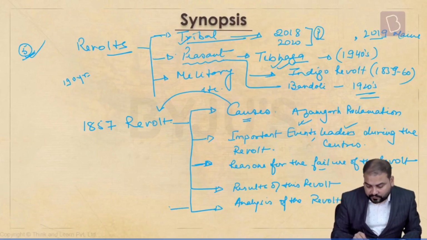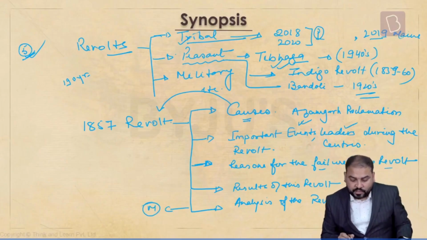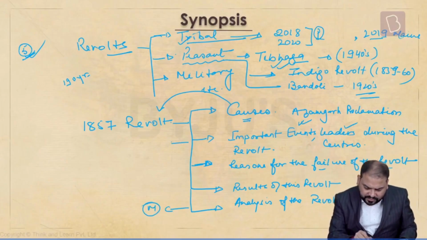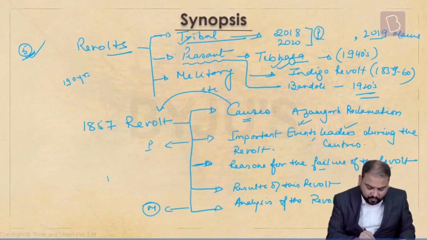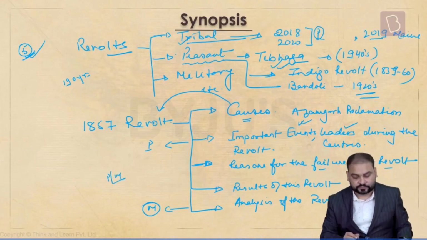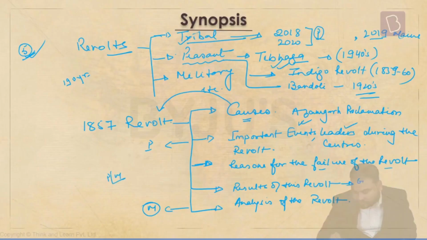So if you see, this part will be for mains, and specifically this will be for pre, but rest of the areas, questions can be framed both in pre as well as mains. For example, under the results, you'll see Government of India Act 1858. Questions can come, questions have come, and pre also has come, and even in mains, questions can come here.